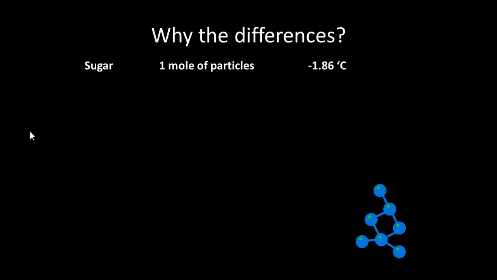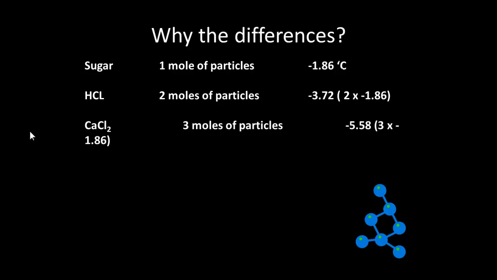So why do we get these differences? Well, remember, in sugar you've got 1 mole of particles, but in hydrogen chloride that has 2 moles of particles, 1 mole of hydrogen ions, 1 mole of chloride ions. In calcium chloride there are 3 moles of particles, 1 mole of calcium ions, 2 moles of chloride ions.